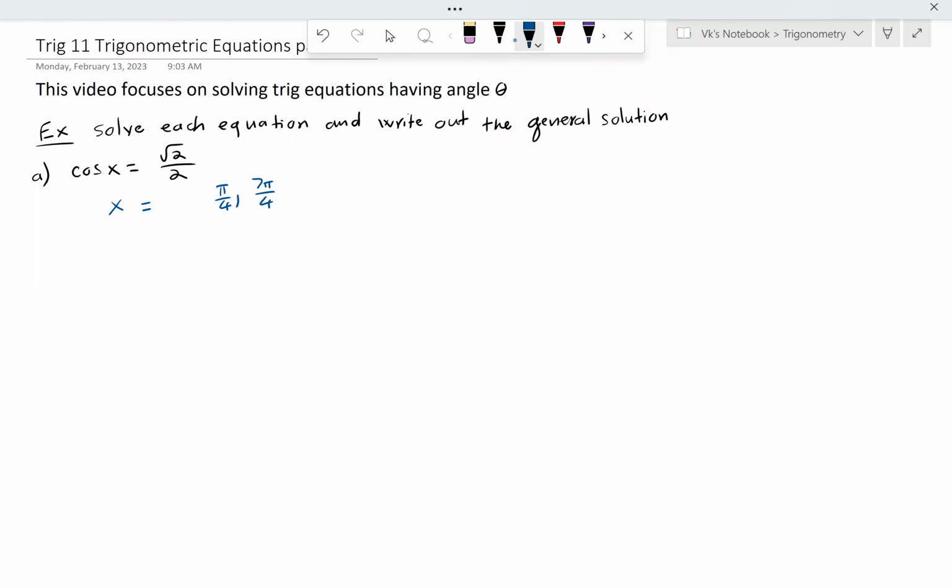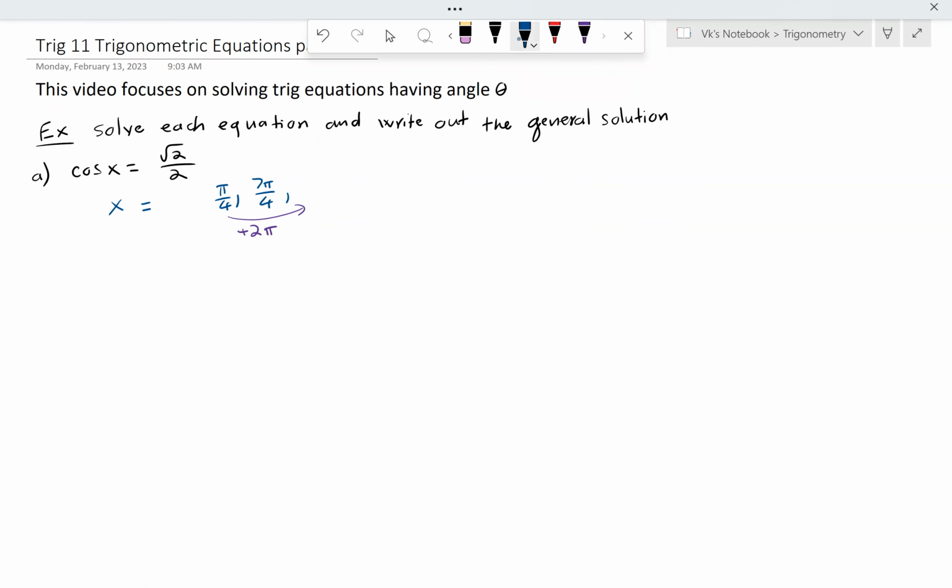What we know about cosine is that it repeats every 2 pi, because it has a cycle every 2 pi, meaning that the next angle is going to be plus 2 pi.